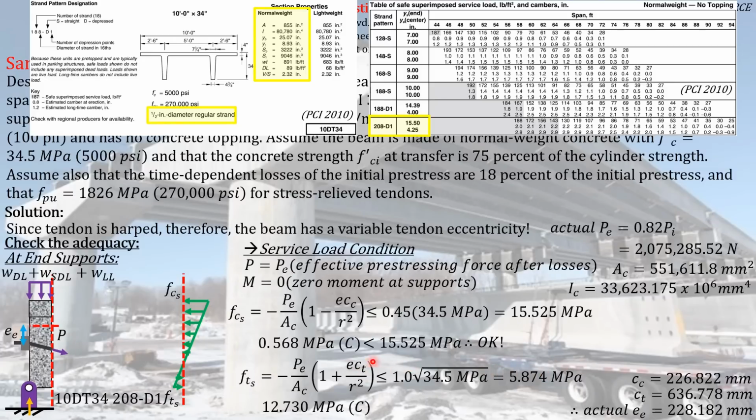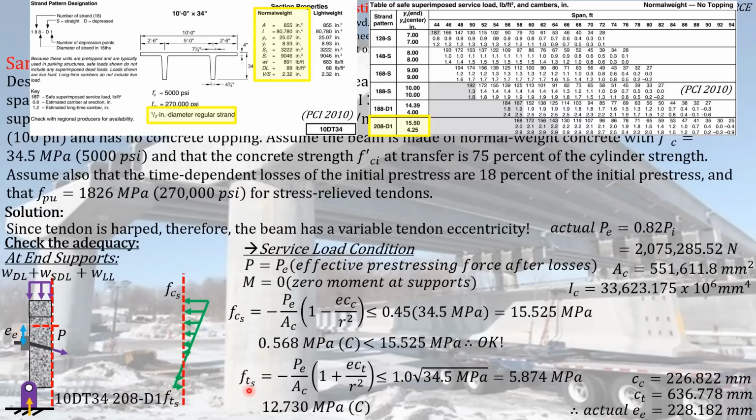Substituting the corresponding values needed, you can see that the stress acting on the extreme pretension fiber, which is expected to be a tensile stress, is actually a compressive stress, which is a good value, because as much as possible, we want our concrete element to not experience tensile stresses.